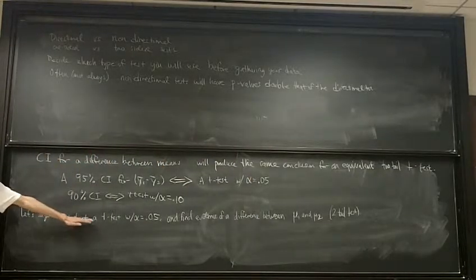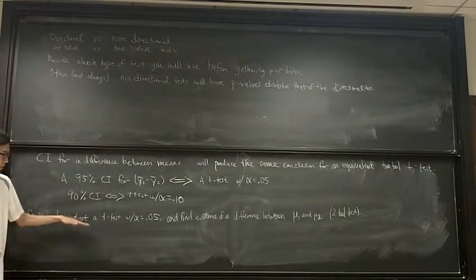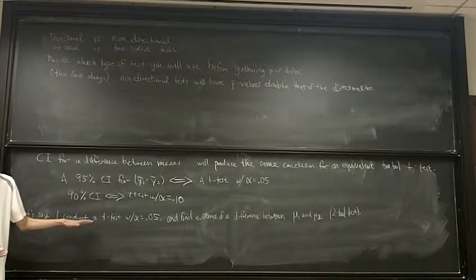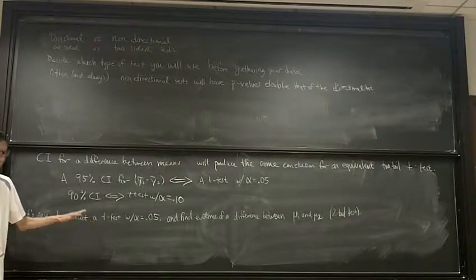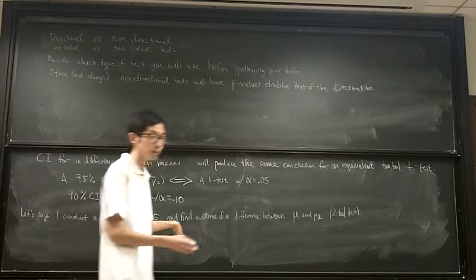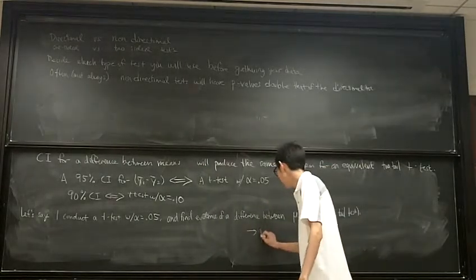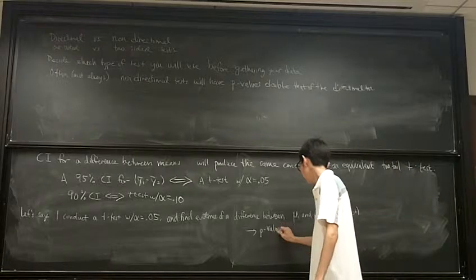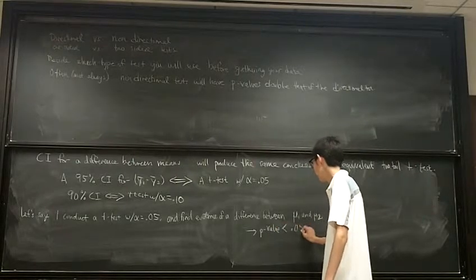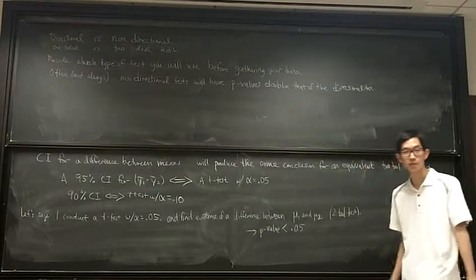So what does this statement suggest about my p-value? Smaller than 5%. Whatever my p-value was, it's smaller than 5%. So this implies that my p-value, I don't know exactly what it is, but I do know it's smaller than 5%.